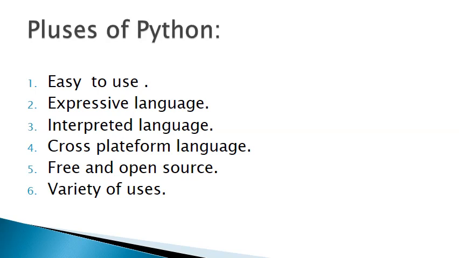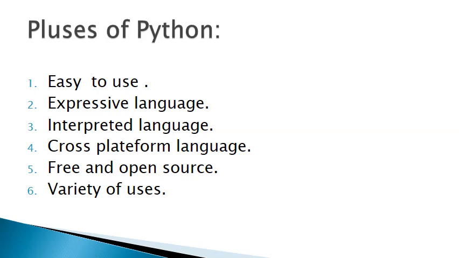It is a cross-platform language, means the program designed by using this language can be used on almost all the operating systems like Windows, Unix, Linux, and on all the mobile operating systems. It is free and open source, means it can be freely downloaded from the internet, from its website www.python.org.